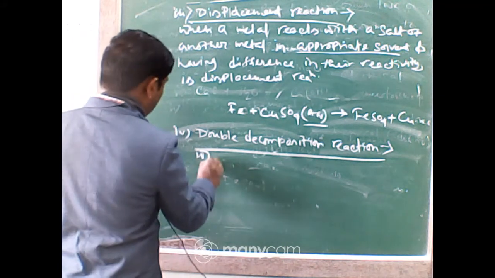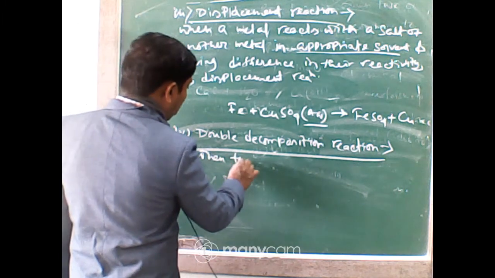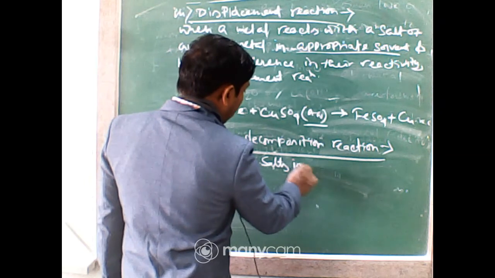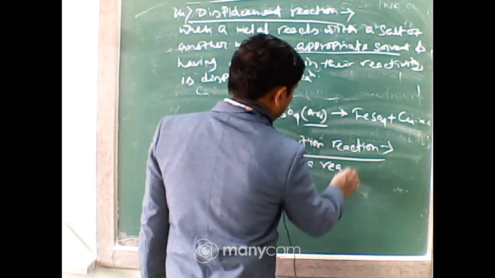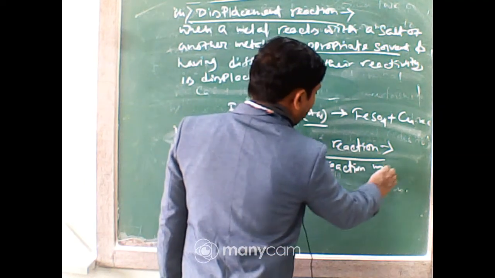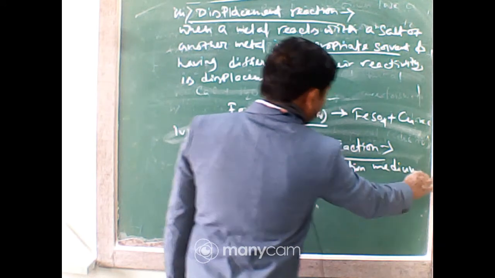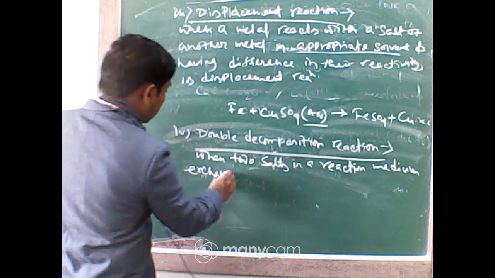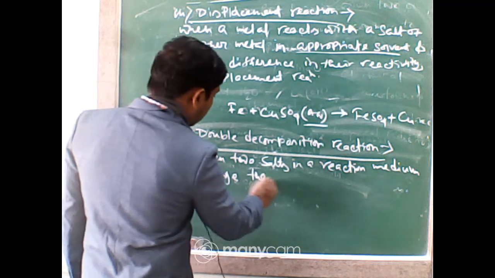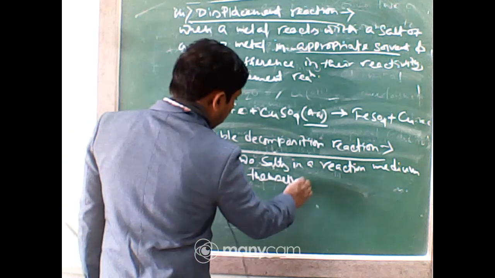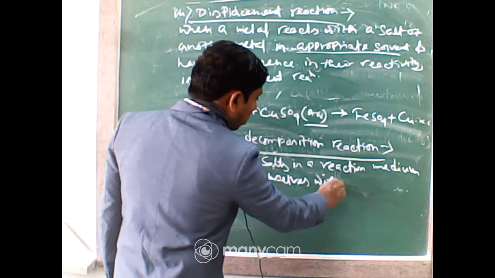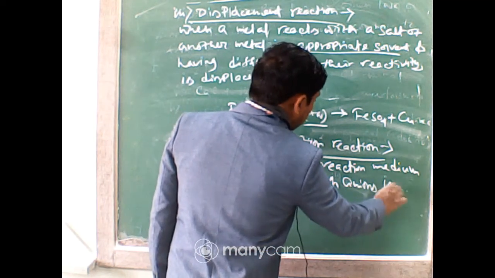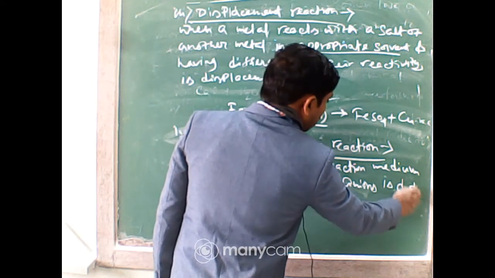When two salts in a reaction medium exchange themselves with the anion, it is double displacement reaction.